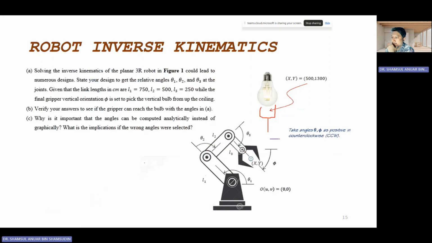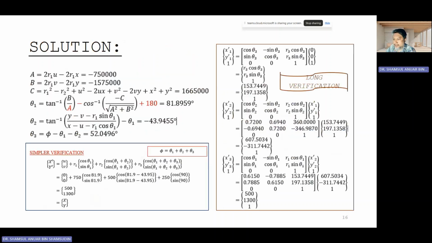So this angle will be 90 degrees positive. Okay, so that angle is a positive 90 degrees. So we are talking about this one.